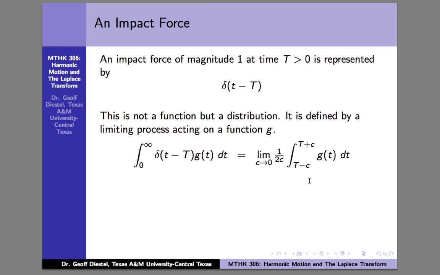But if you look at what this limit actually is, it's just computing the average value of g of t over the interval from T minus c to T plus c, where c is some small number.